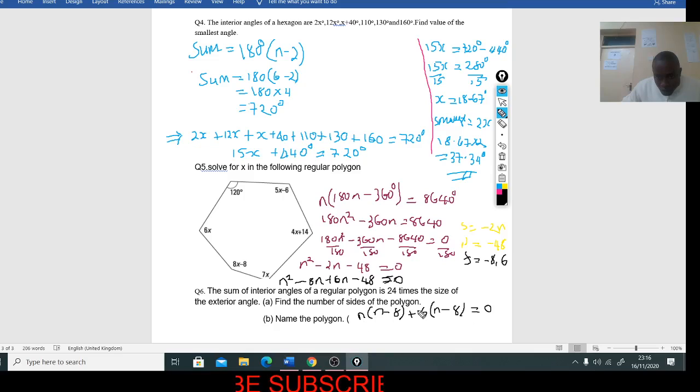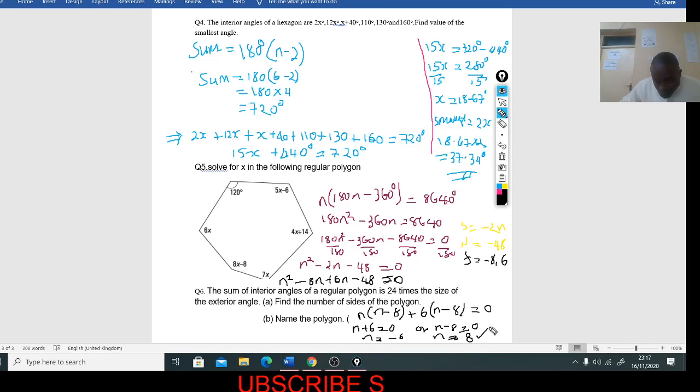So that means n plus 6 equals 0, or n minus 8 equals 0. n equals negative 6, or n equals 8.